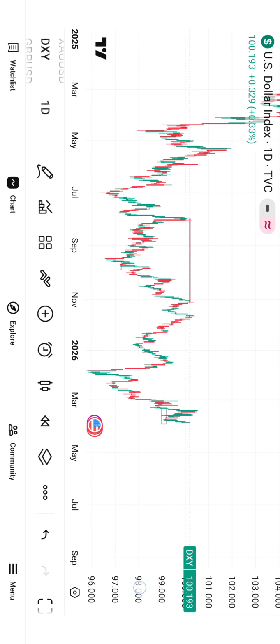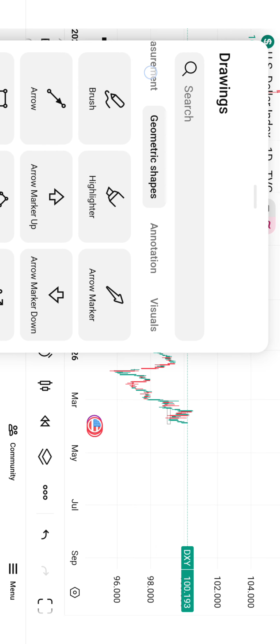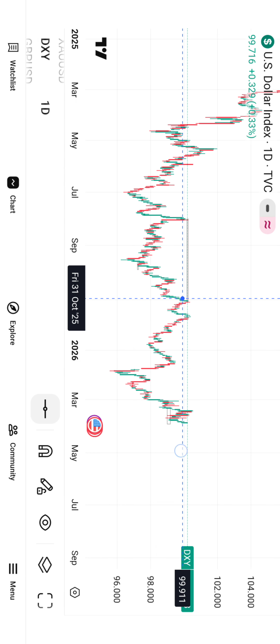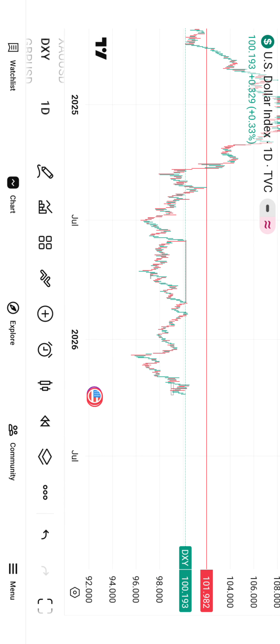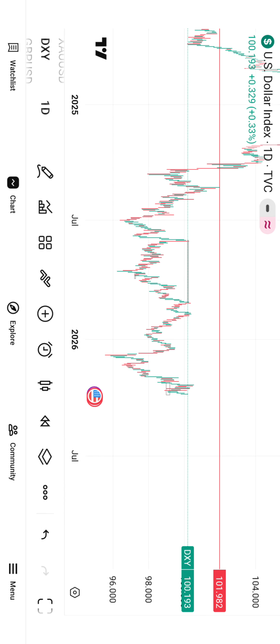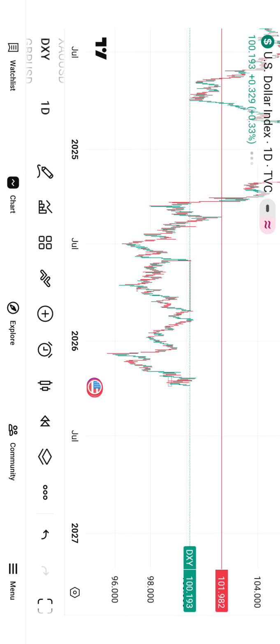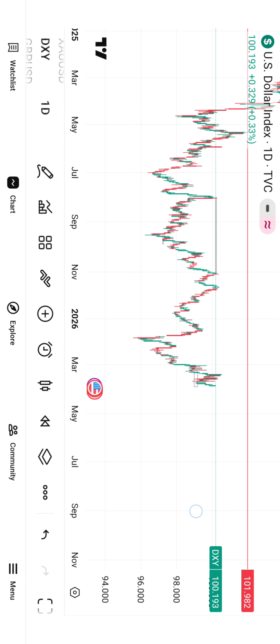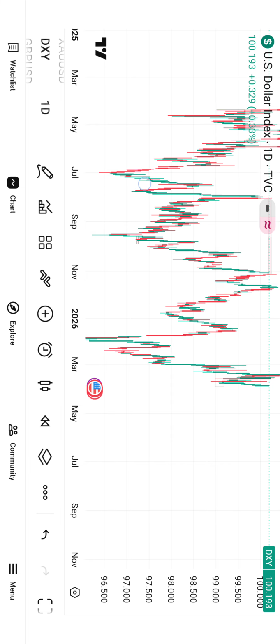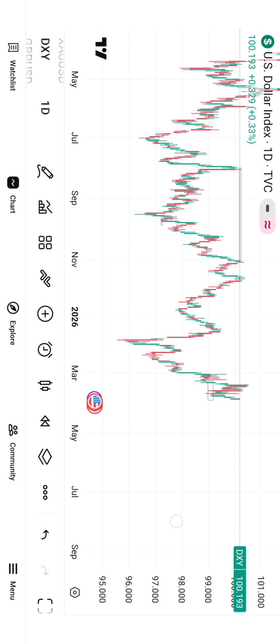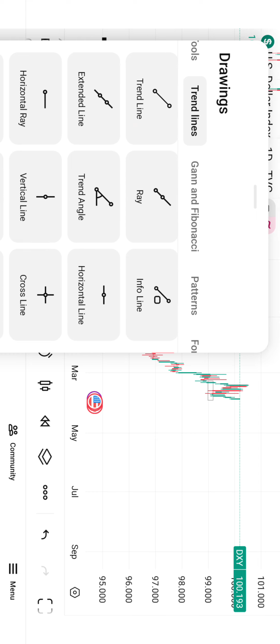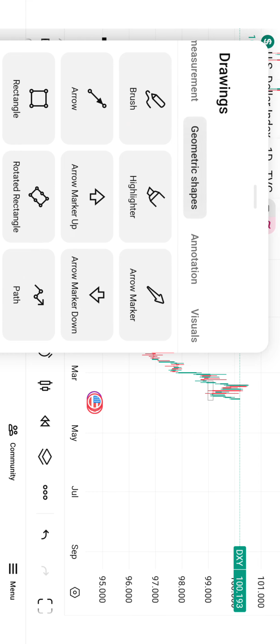We're looking at the DXY coming to this particular zone right here, or we could see more buys. I will also have another fair value gap right here.